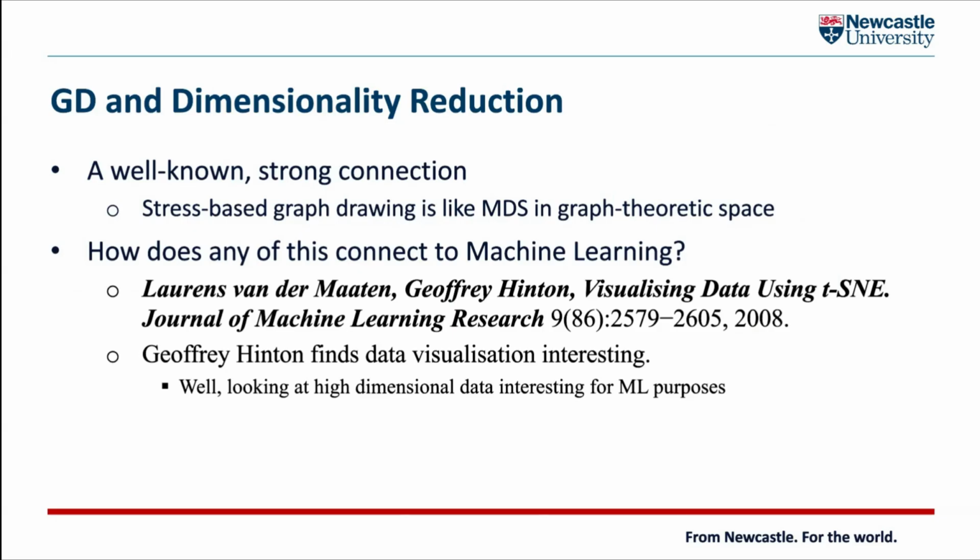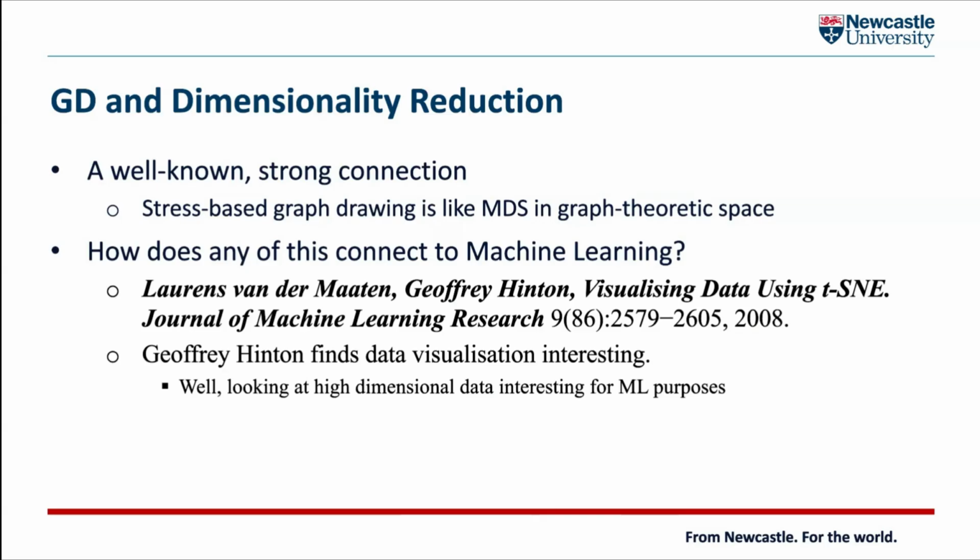But there's stronger connections, and you can see some of those connections by looking at the paper that was published at Euroviz this year. And how does this have any connection with machine learning? Well, if you look at things like t-SNE and those sorts of things, they have connections to these dimensionality reduction techniques. They use them as previous work, and ergo do have connections to these stress optimization methods.